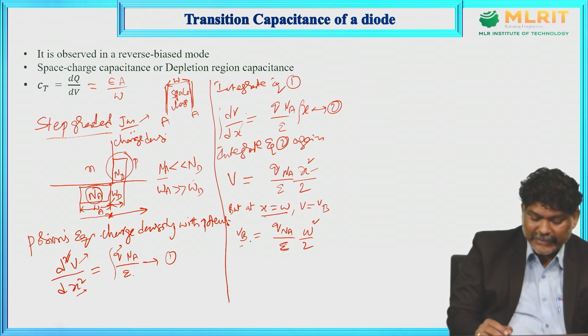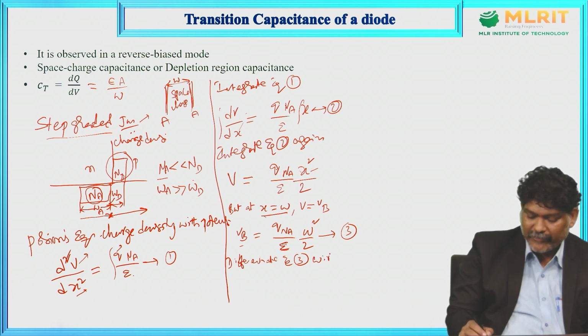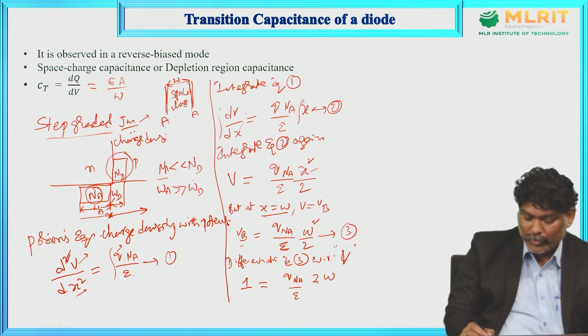Now let us differentiate this expression 3. If you differentiate equation 3 with respect to the applied potential V, dV by dV means 1. Here QNA upon epsilon is constant, and this is 2W by 2 into dW by dV, because W is the variable here.